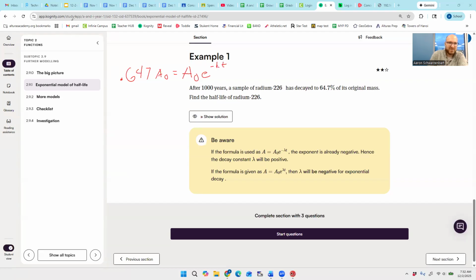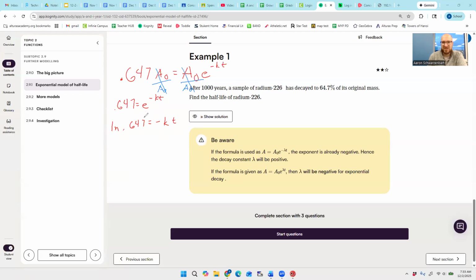And then when I divide by a0 on both sides, the a0's just cancel, and I get 0.647 equals e to the negative kt. So to solve, I take the natural log of both sides.